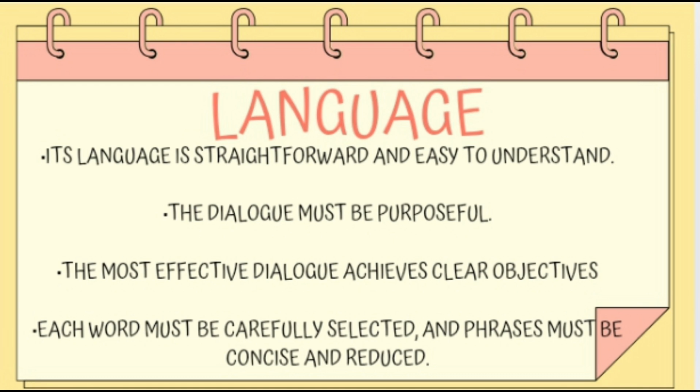The best dialogue is the kind that clearly achieves its goal, whether it's to show emotion, create tension, or move the story forward. Because time is limited, every word must be chosen carefully, and the lines must be concise, short, and direct to the point, without unnecessary words.